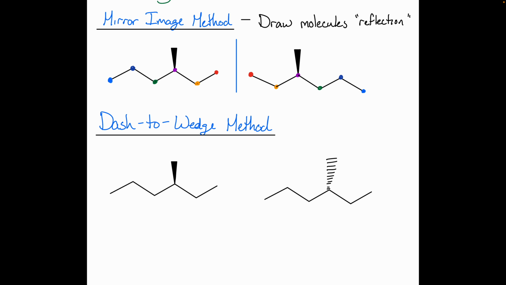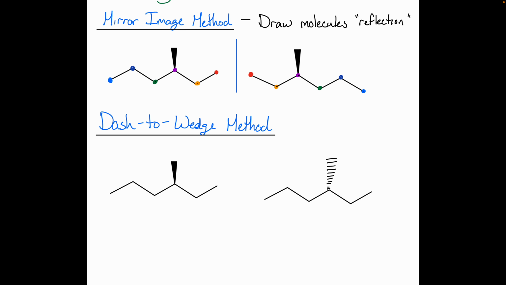And first thing we want to do is convince ourselves that we are indeed looking at a mirror image pair of molecules here, right? They're mirror images. So what we did when we drew our first method of drawing enantiomers was to draw that mirror image, imagine a mirror here, and draw its reflection. What we could also do is just flip that dashed bond to a wedged bond.